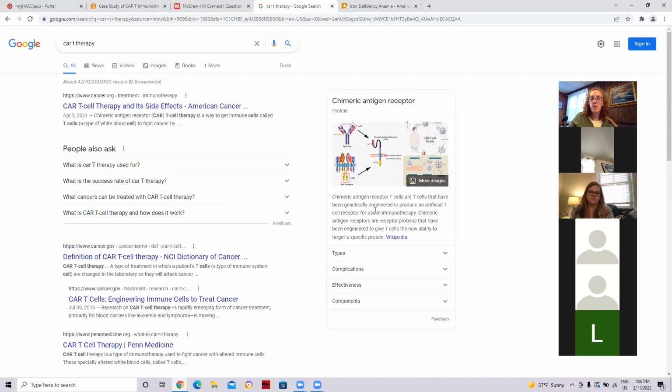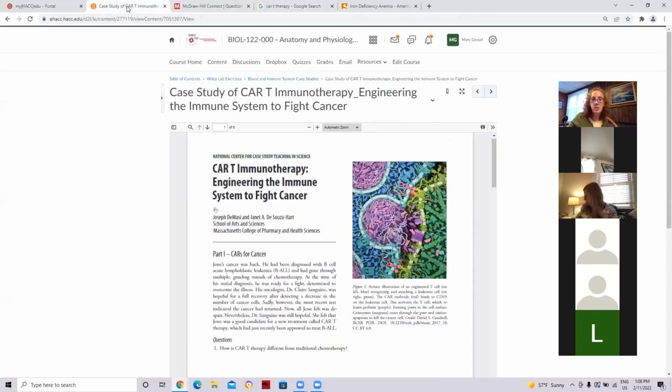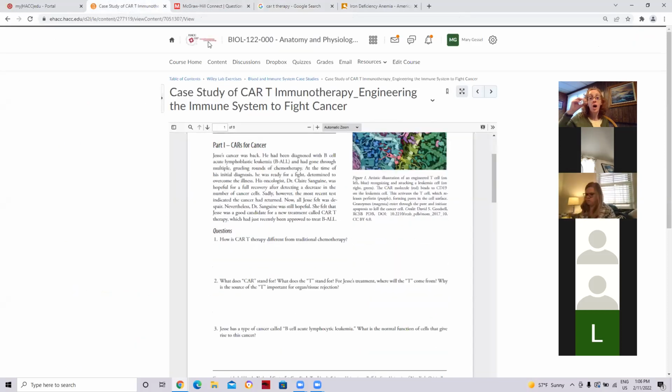But look right here. One of the first questions asks, guys, first off, what would you think this therapy is? What's traditional chemotherapy? I know we have some smart people in here. You guys are all smart.